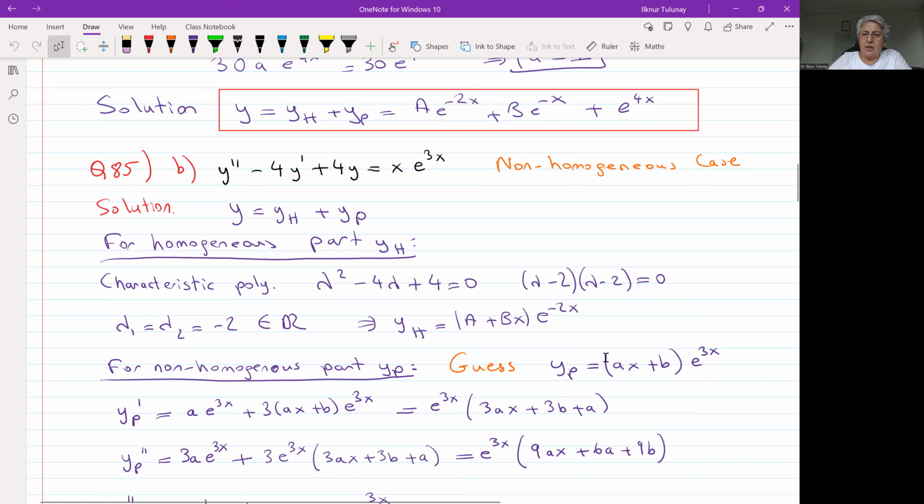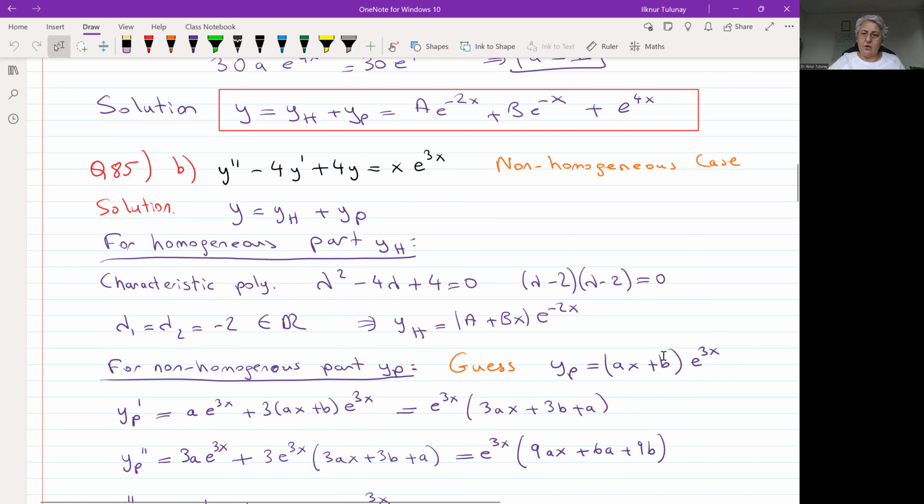Now, this function satisfies the whole equation, and using this knowledge we are going to calculate a and b. For the first derivative, since we have a product of two functions depending on x, we need to apply the product rule.